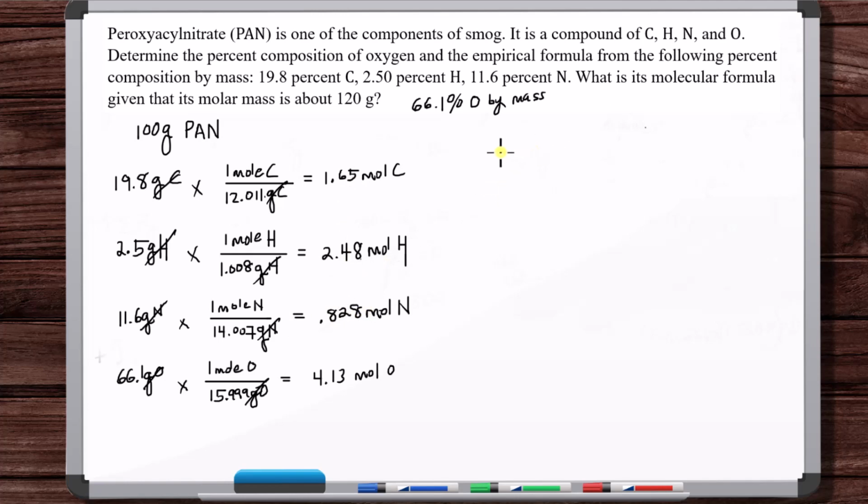So we'll have carbon, hydrogen, nitrogen, oxygen.